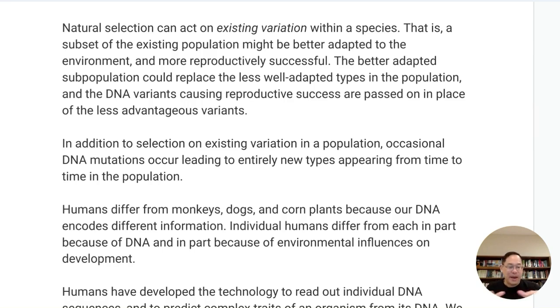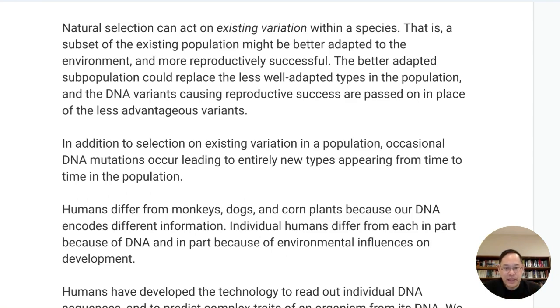So you already have a population of birds, they have different beak lengths, and natural selection causes the beak length that is correlated to more success in terms of reproduction to eventually crowd out the different, in this case, shorter beak types. And the genes which lead to that shorter beak type become rarer and rarer, less and less prevalent in the population until the whole population potentially eventually has longer beaks.